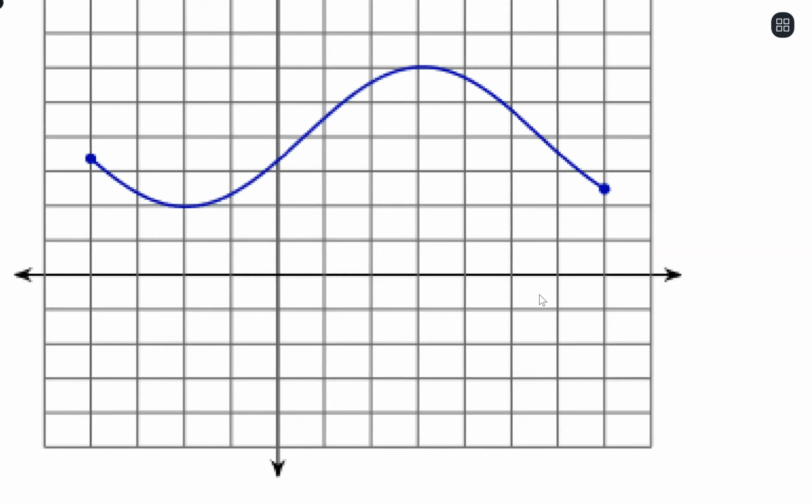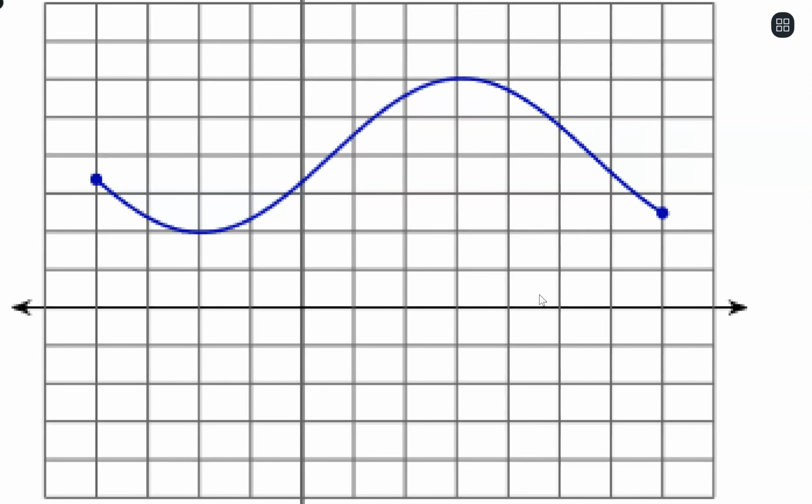Starting out on the left-hand side, we have negative slopes, and the negative slopes are getting closer and closer to 0 here. This spot right here, where I have this local minimum, would have a slope of 0.